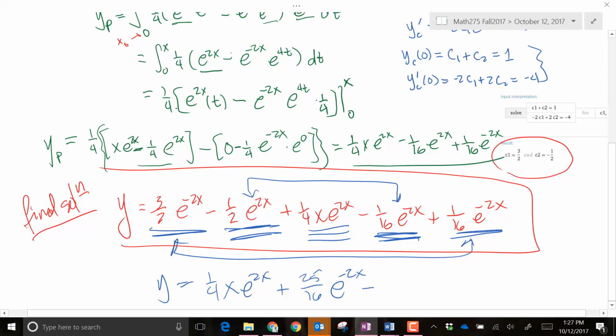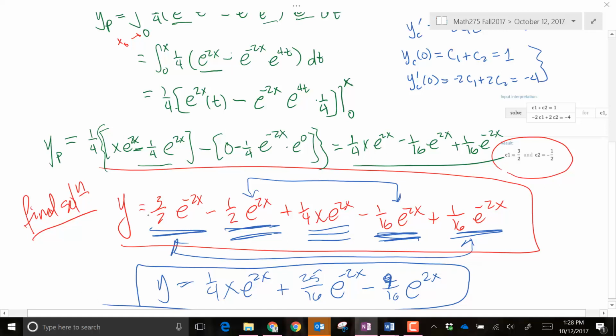And then here we have a negative 1/2 plus 1/16. So I think that's 8 minus 1, 7, negative 7. Oh, they're both negative, sorry. 9/16. And this is a positive 2x. Thanks for bringing that up, Victor.